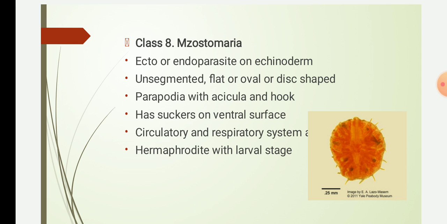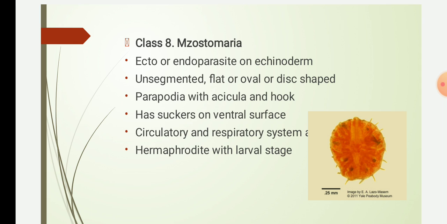The body of the organisms belonging to the class Myzostomaria is unsegmented, flat, oval or disc-like in shape. They have 5 pairs of parapodia with acicula or hooks. The acicula is a strong, stout internal chaeta that provides support to the parapodia.